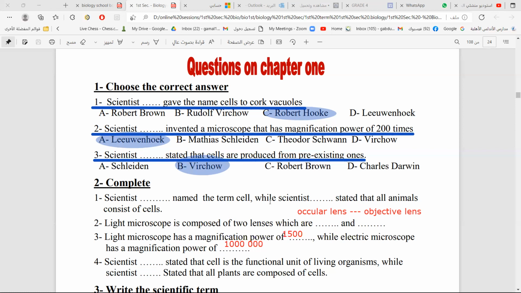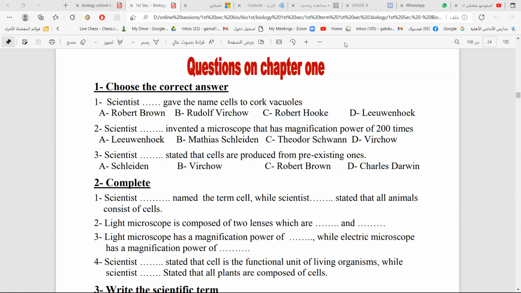Next, scientists stated that the cell is the functional unit of living organisms, while scientists stated that all plants are composed of cells. Let's go back and look at it quickly.